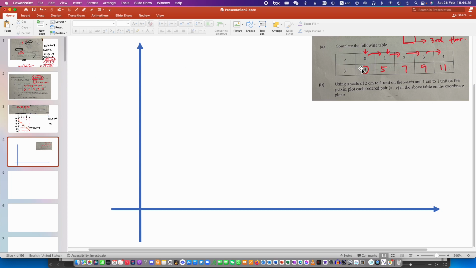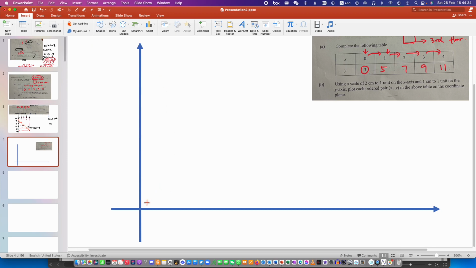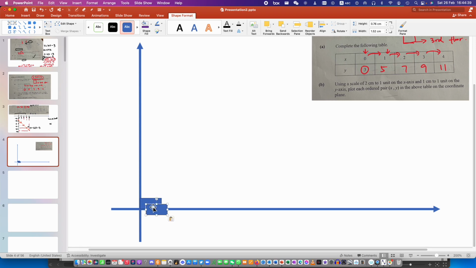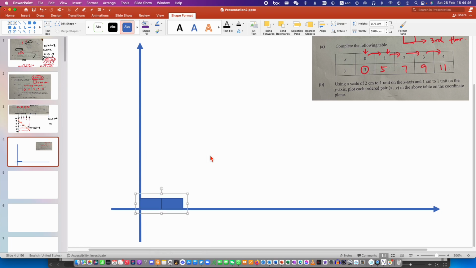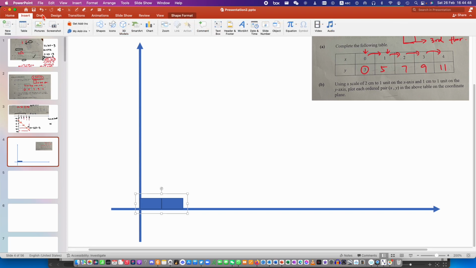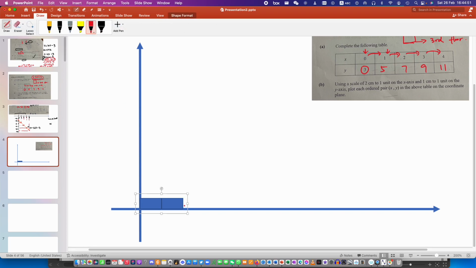2 cm to 1 unit. So let's say this is 1 cm, right? Yeah. So 2 cm will be 2 units, right? So it is 2 cm to 1 unit. So 1. Continue.